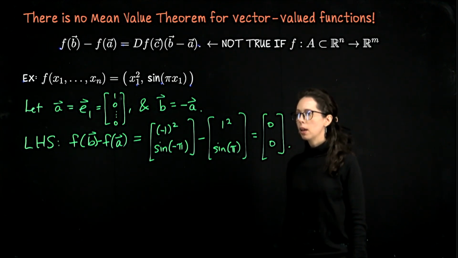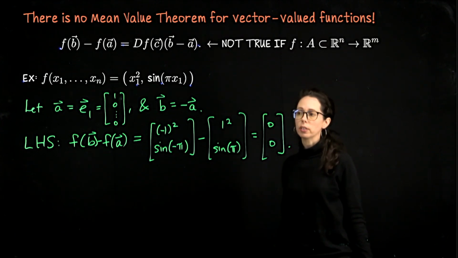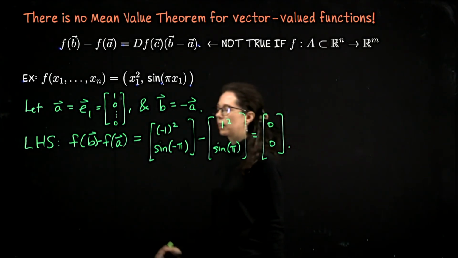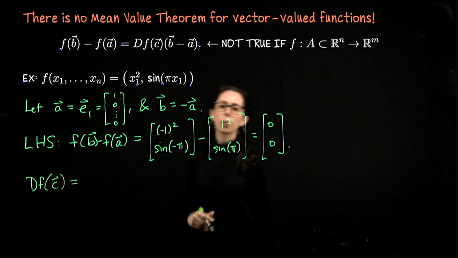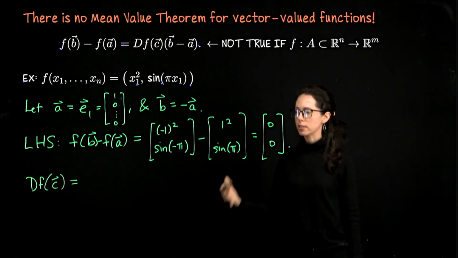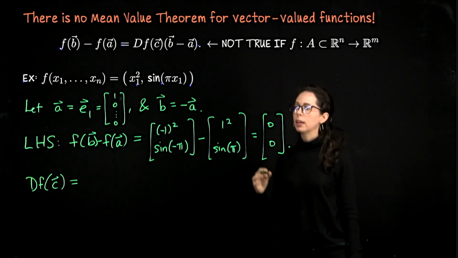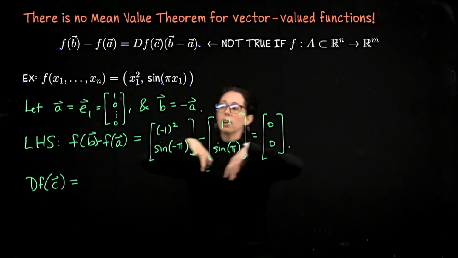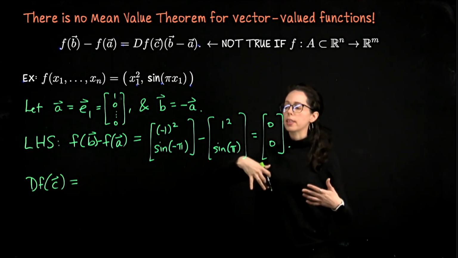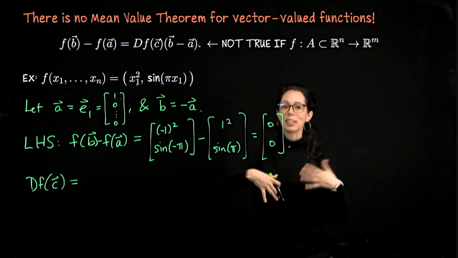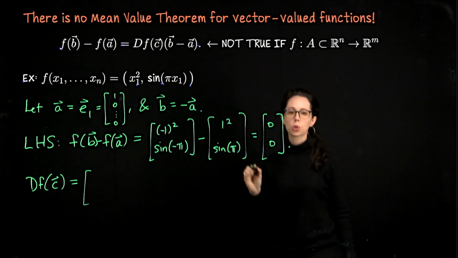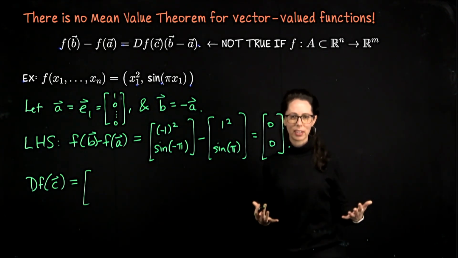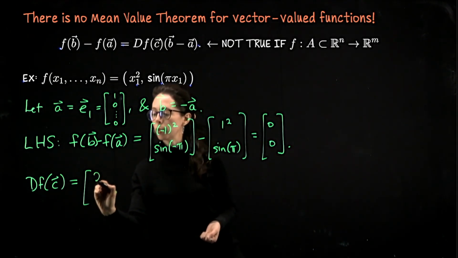Okay. For the right-hand side, let's compute the Jacobian matrix in general. Let's say the Jacobian matrix at some point C, where the coordinates are C1 through Cn. F is a map from Rn to R2, which tells us that our Jacobian will be 2 by n, so we'll have 2 rows and n columns. The first row is to take x1 squared and differentiate that with respect to each of the n coordinates, but most of that is going to be 0.